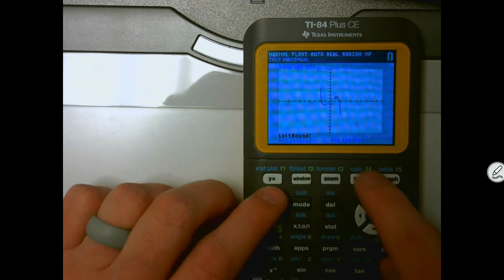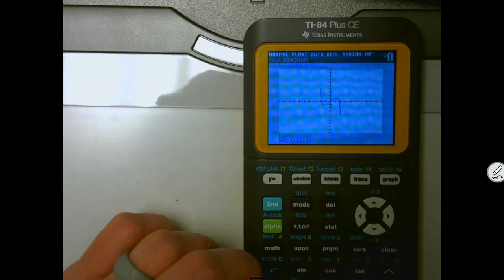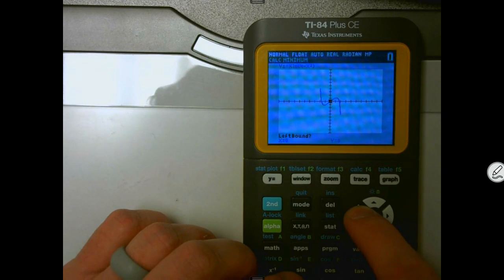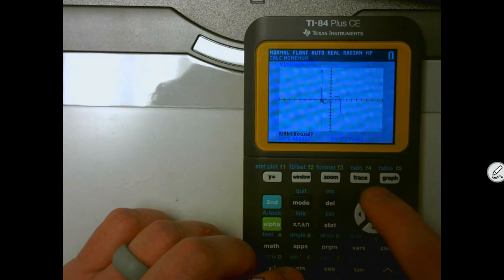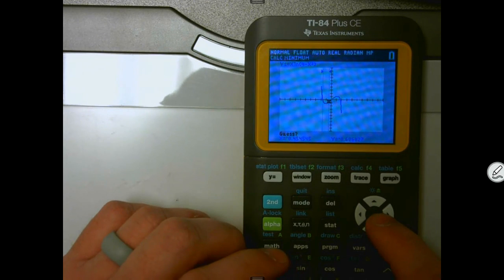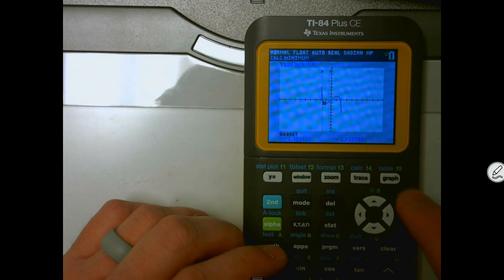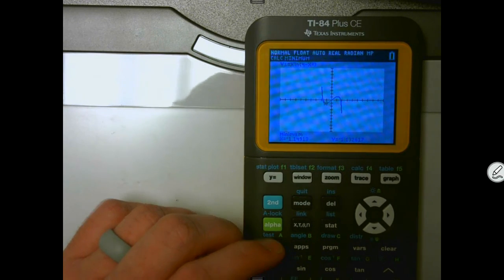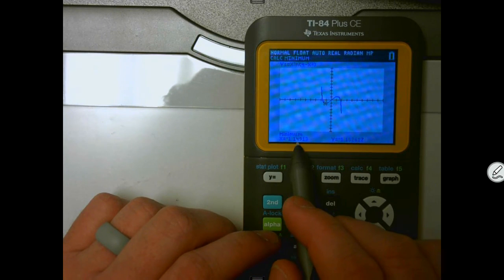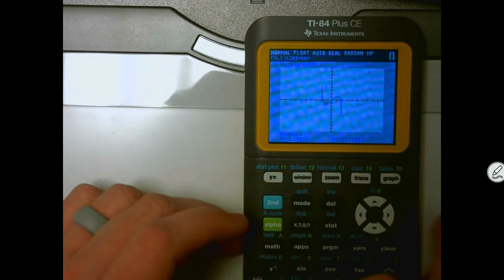Whoop, that was maximum. So 3, and I'm going to scroll over to the left of my minimum, enter, scroll over to the right of my minimum, enter, sandwiches, guess, come over here, enter, and then it says -1.149, -1.132.